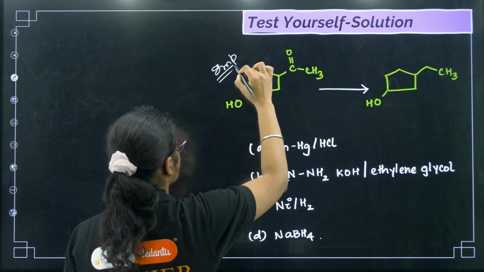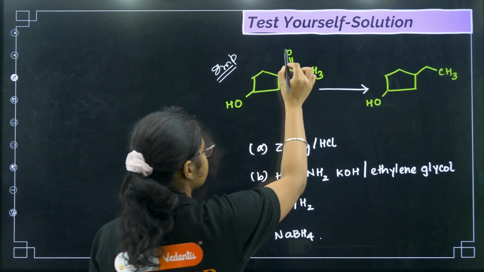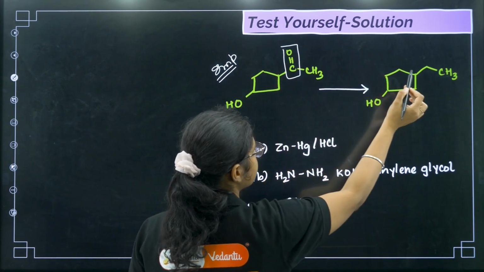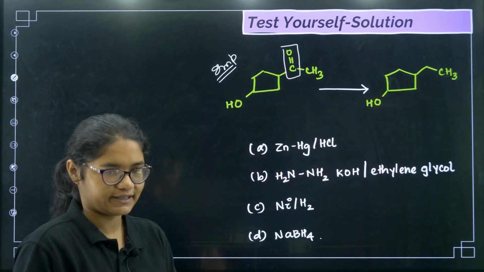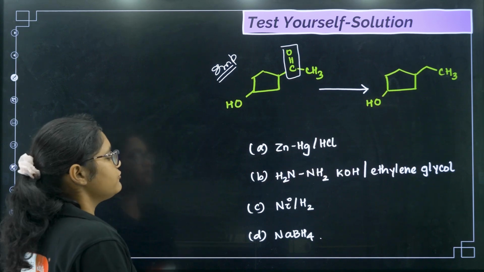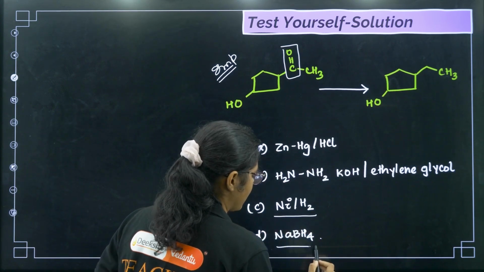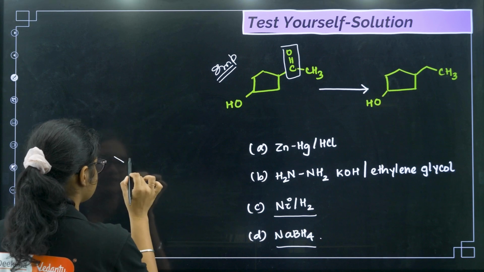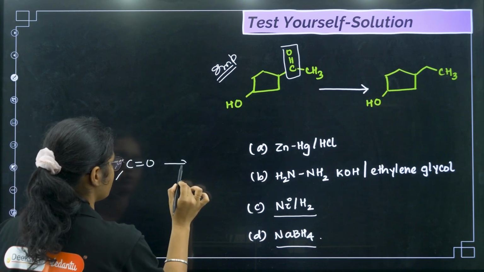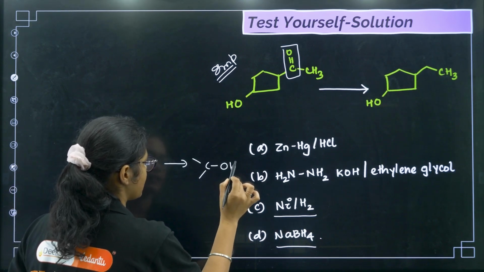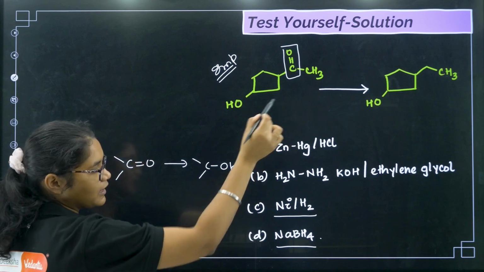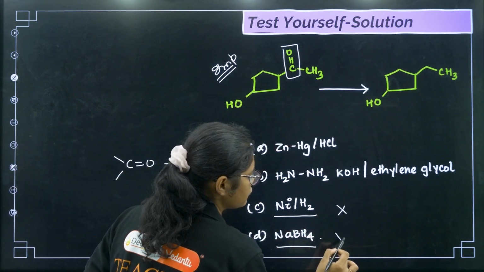Very important question. Now the question, if you see, C double bond O is reduced to CH2, right? CH2 reduction has happened. Now if you take nickel and hydrogen or NaBH4, these two reduce C double bond O to alcohol groups, right? But we have a hydrocarbon, so we can eliminate these two options.